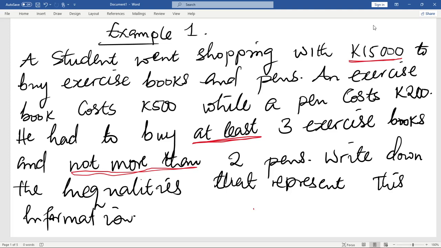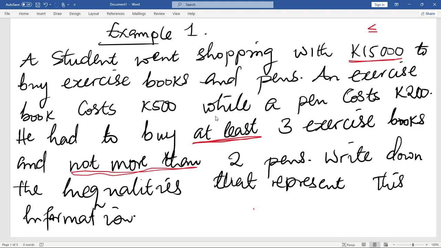So whatever expression we have for this is going to be less than or equal to 15,000 kwacha. They went shopping with this, so whatever amount is used is not supposed to exceed 15,000 kwacha.